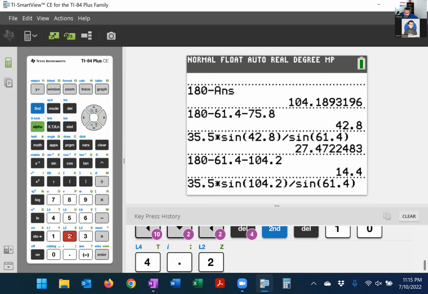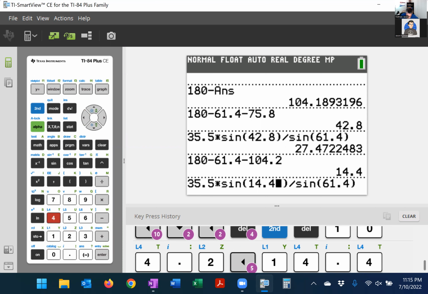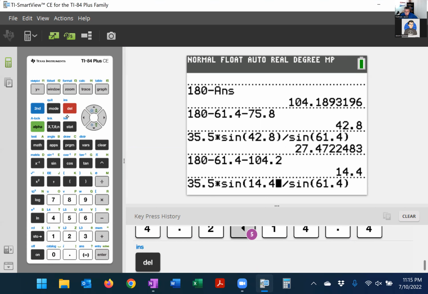Is that right? No, we want angle C, I'm sorry. Angle C was the 14.4 that we calculated. 14.4, delete. Okay, that's the new angle, angle C, right? Yes, angle C is correct.